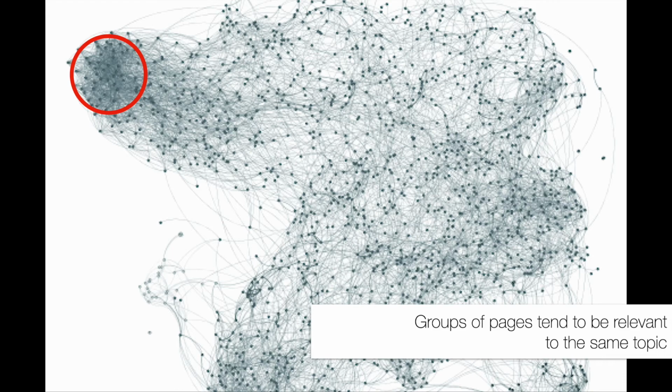Or if we want to understand, well, I'm on a particular page, what are other pages that are like me? You want some neighbor, and maybe some neighbor who's a few hops away.